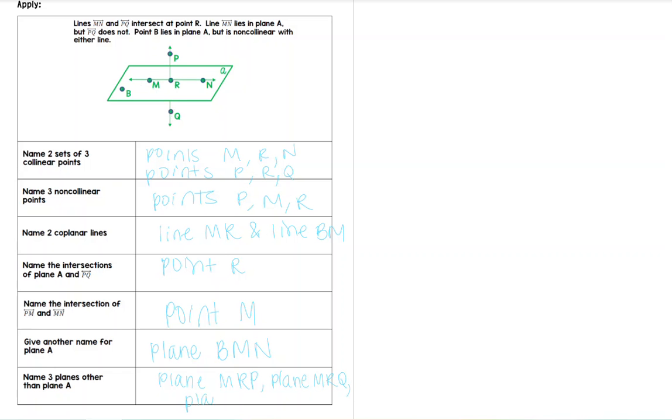And we could also say plane BMQ because those 3 points are non-collinear and not all of them are currently on plane A. So you had some points there where they did exist on plane A already, but then taking another point that was not on plane A created a new plane for us. So you just need 3 non-collinear points to create a new plane.